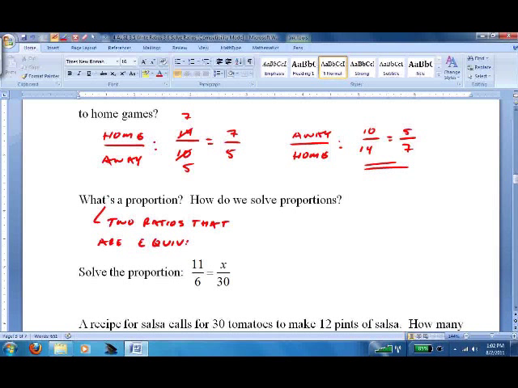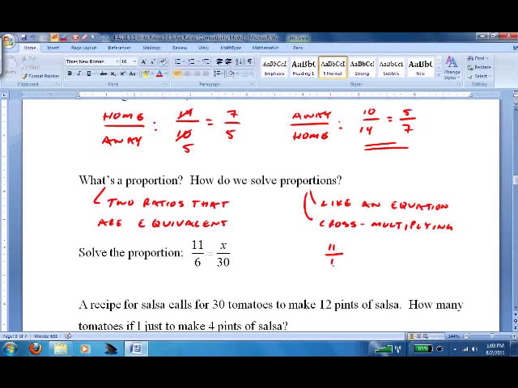And there's a lot of different ways to solve them. We can solve them like an equation. Or we can cross multiply. Most people like cross multiplying. Whatever works for you is fine with me. So if we looked at this, and we're going to write it twice, I'm going to do it both ways.